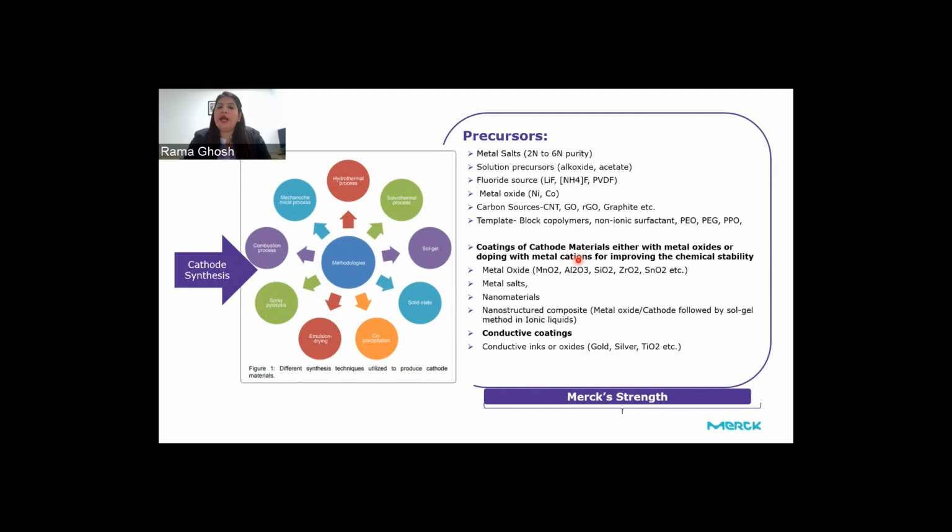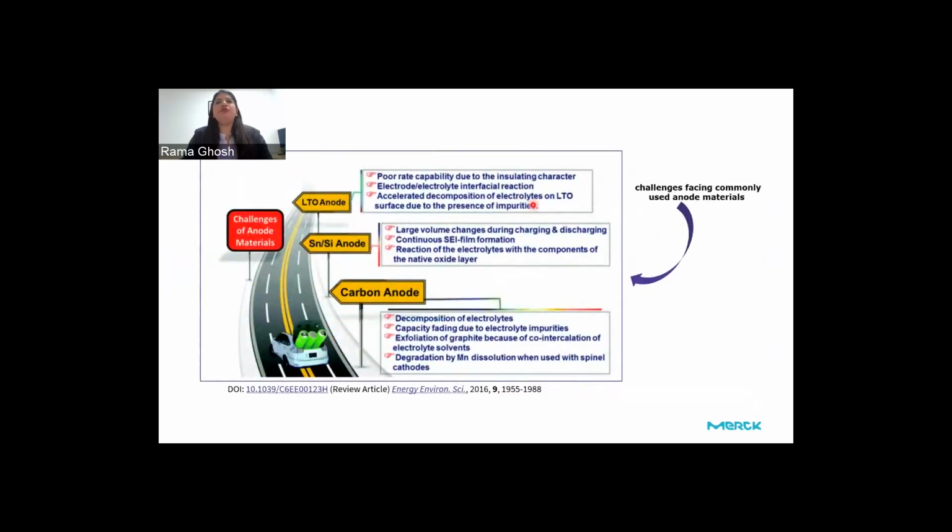Now I am moving to another component. As you know, the anode is also an inseparable part of battery technology. So the performance of the battery does not only depend on the cathode material and anode materials, but the morphology of the material is also very important when you choose your anode.